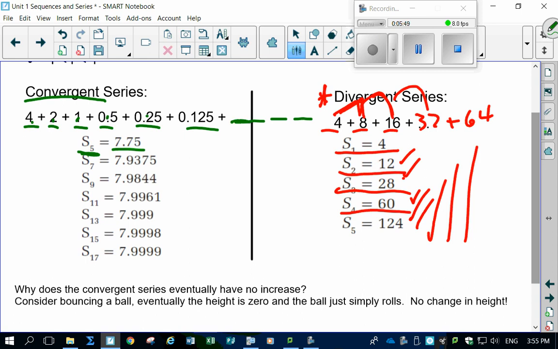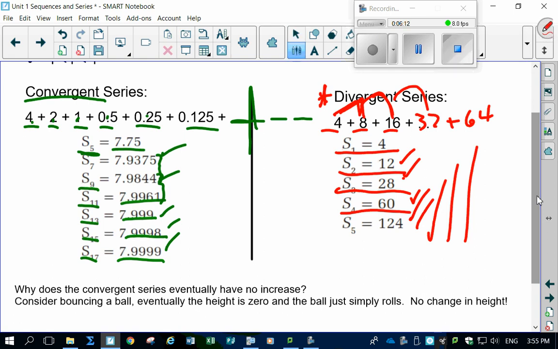S7 would be adding one more term here. You get 7.9. S9, add it more. Look how little difference there is between these two. S11, look at how little difference there is between them. Look at S13. Look at S15. Look at S17. There's almost no difference between these numbers.